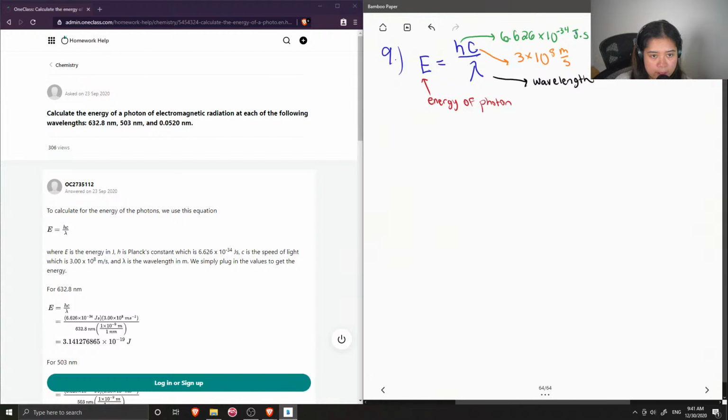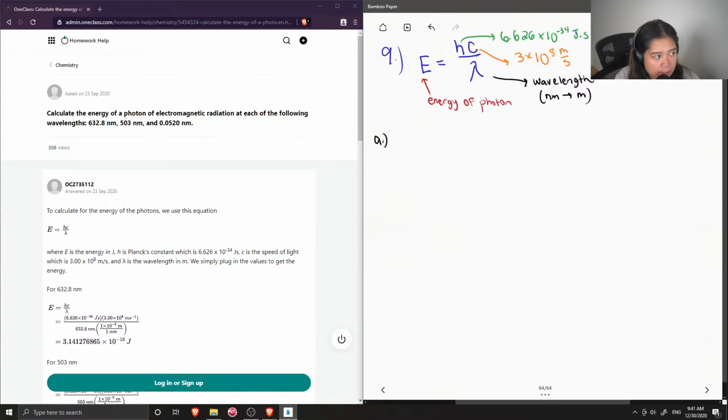So in the question, they give us wavelengths in nanometers, but we need to convert these to meters in order to use the following equation. And this is because the speed of light constant has units of meters per second. So then we pretty much just need to convert all of the given wavelengths into meters.